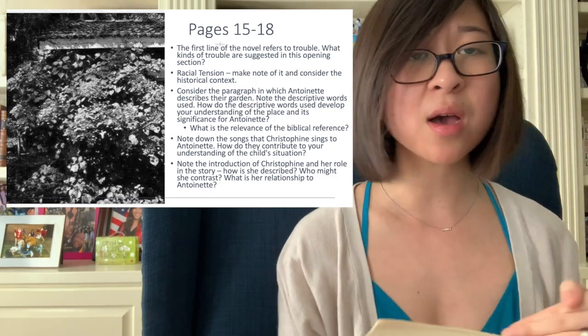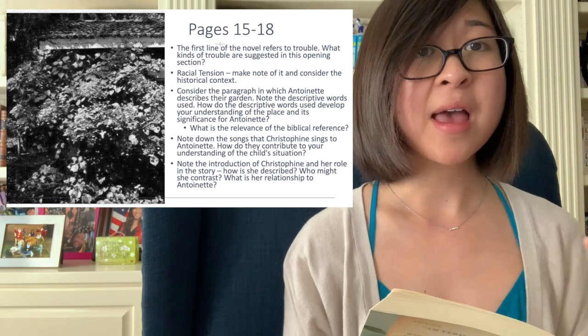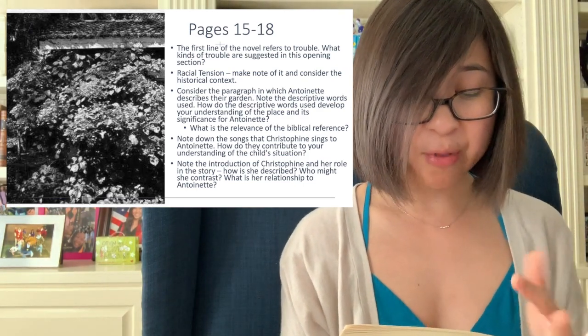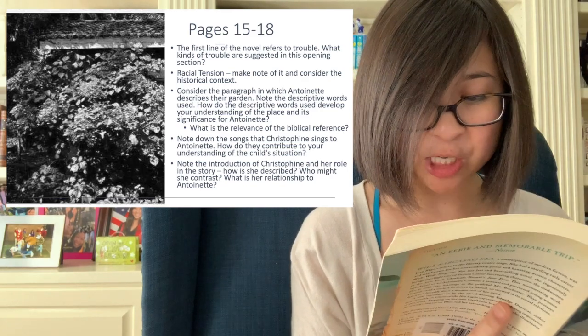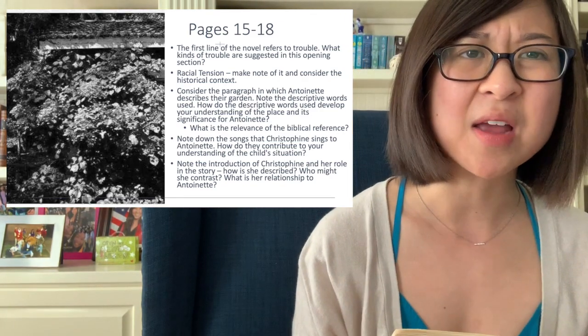There's a lot going on in terms of how they're treating each other and how they're treating her and how people are talking about each other. So when you note that, there's even a mention of the Emancipation Act. So just, I guess, kind of be mindful of that.